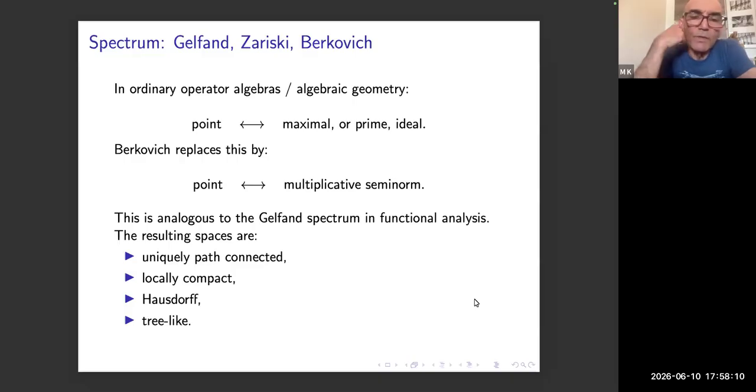So the idea of Berkovich was the following: to complete a p-adic space or non-Archimedean space into something good, you replace points not by ideals, but by multiplicative seminorms. It's clear what they should be. I mean, they are seminorms, and they are strictly multiplicative. That's it.